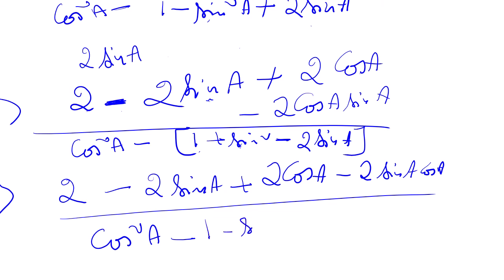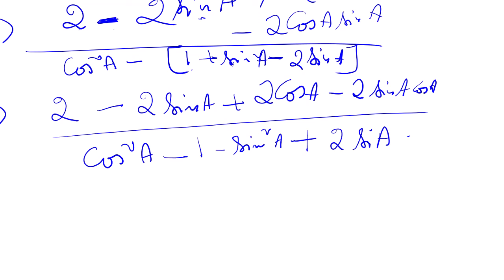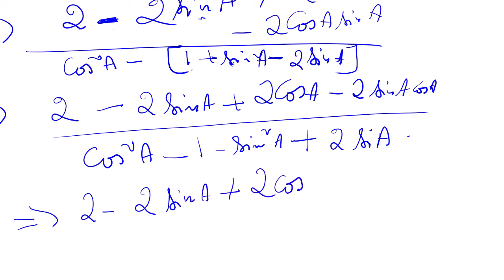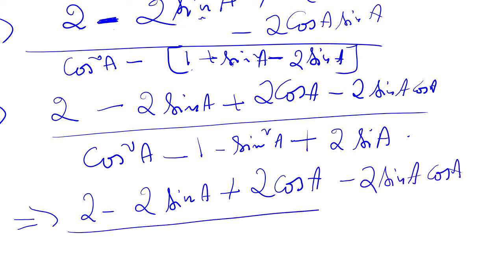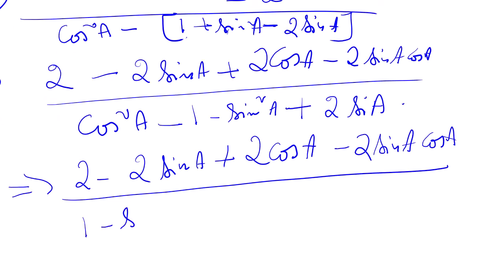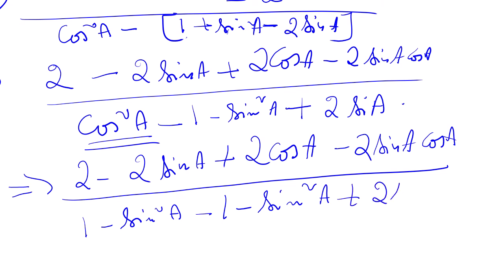So minus 1 minus sin square A plus 2 sin A. So this will become 2 minus 2 sin A plus 2 cos A minus 2 sin A cos A whole upon 1 minus sin square A. This cos square A I am writing as 1 minus sin square A. Again minus 1 minus sin square A plus 2 sin A. Okay.